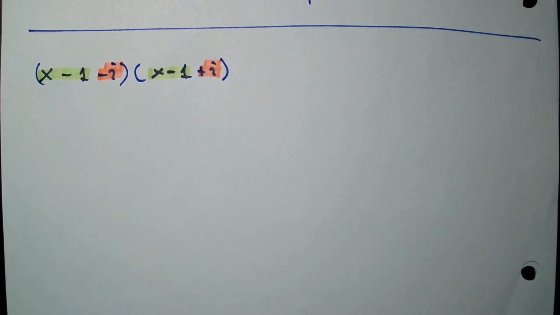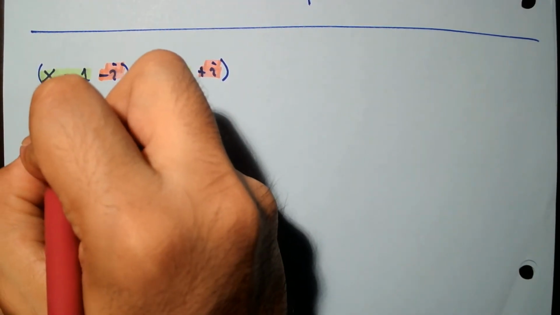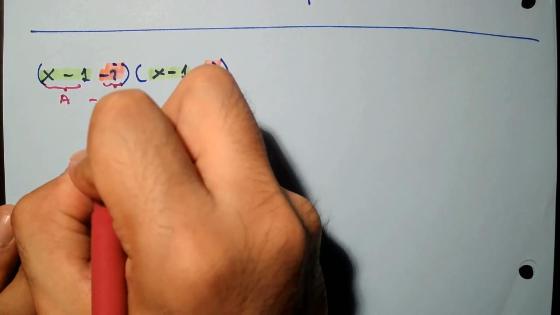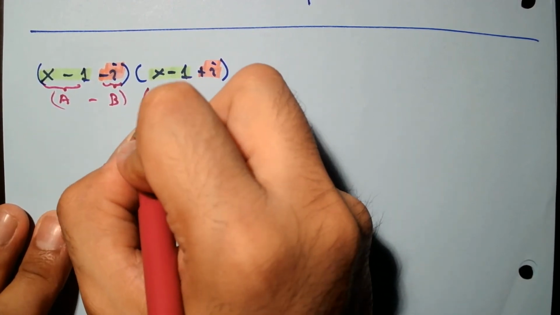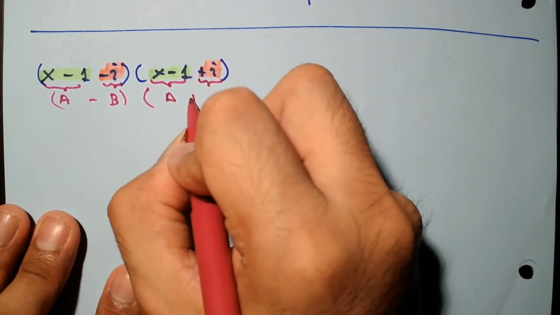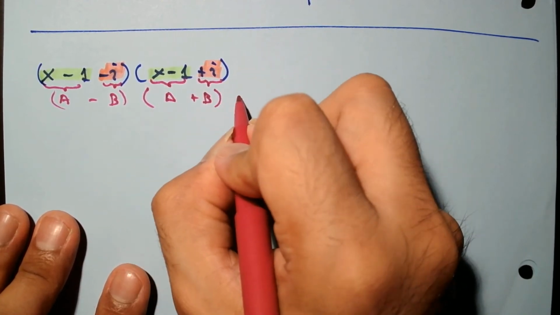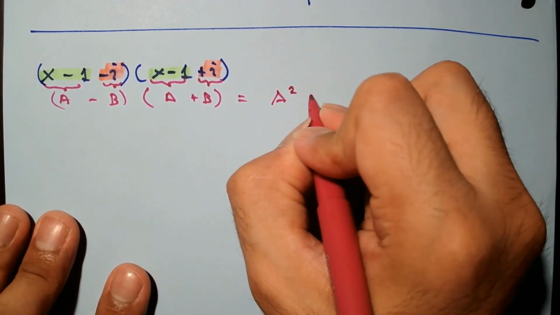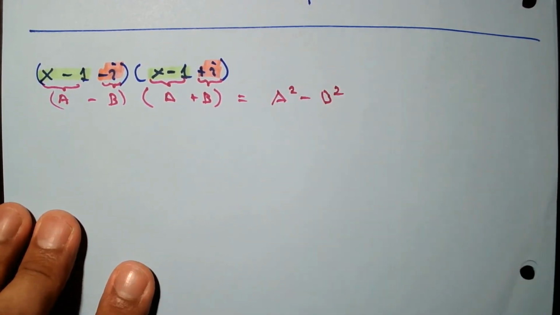So in this case, think of this as having your a minus b times a plus b. And this will be the factor form of a difference of squares, a squared minus b squared.